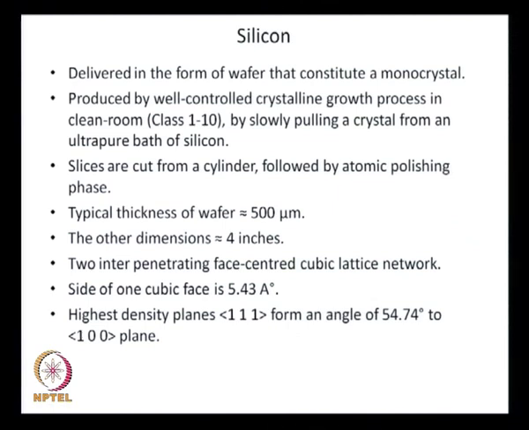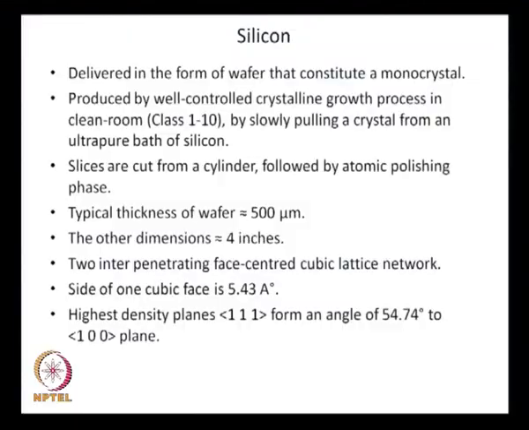That means the 1 1 1 plane in this crystalline structure is the most packed with atoms, and this forms this angle 54.74 degree to the 1 0 0 plane.